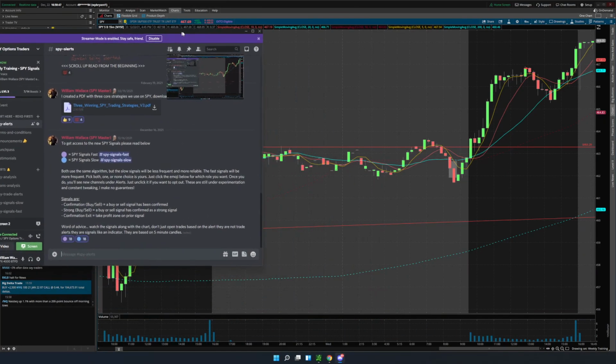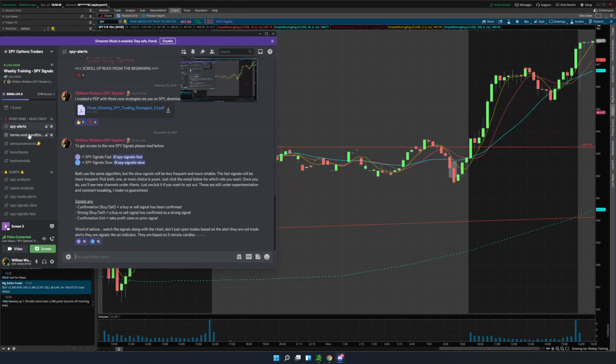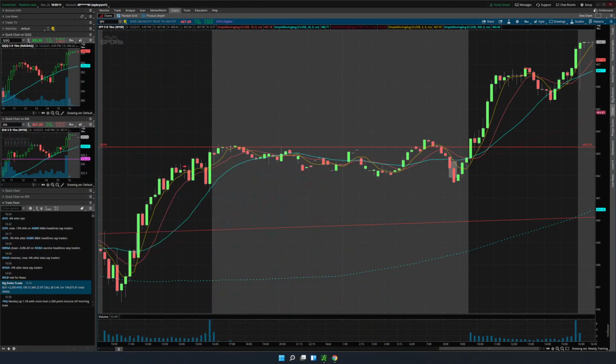All you got to do is, under SPY Alerts, check either that you want to get purple, the fast signals, and or blue to get the slow signals. And if you don't want to get them anymore, then you just unclick it, and it'll take that channel away for you. You can get access to those with the membership in the group, and you can turn them on and off at will.